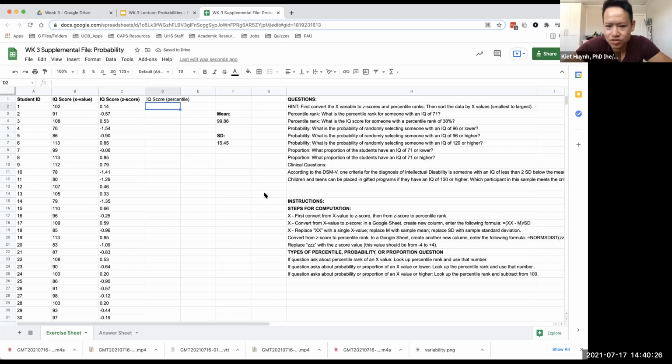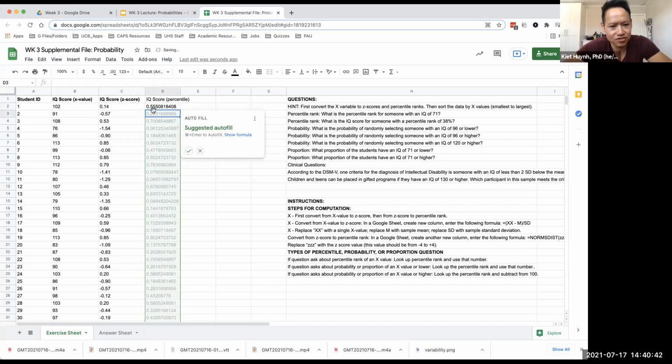Equals NORM.S.DIST, and Z. Remember, you replace the Z with the Z values, which is right next to it. You hit enter. And Google will apply this formula for the rest of the column.